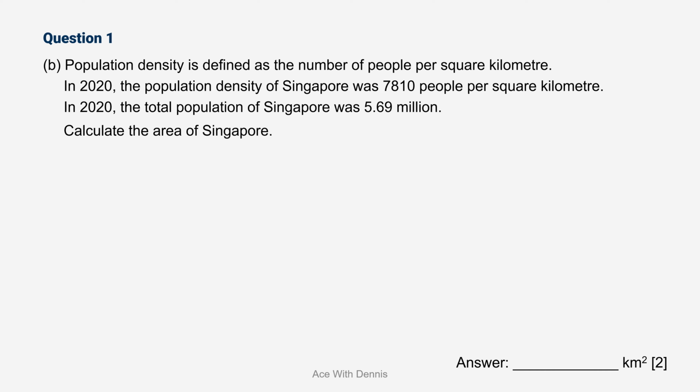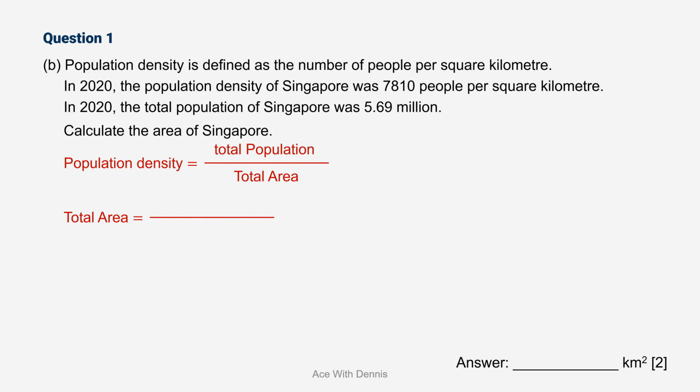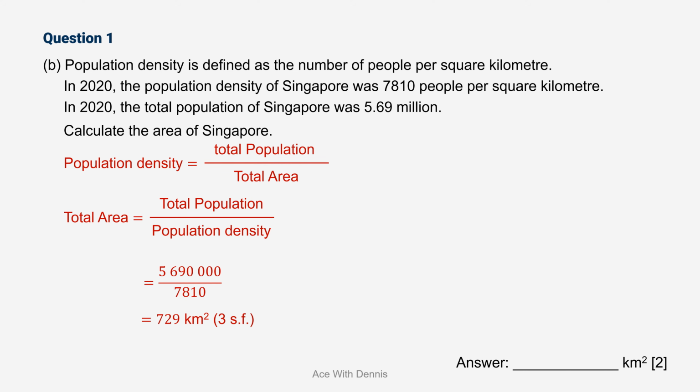So based on the definition given, the population density formula will be the total population divided by the total area. Hence, we rearrange this formula to get the total area will be the total population divided by the population density. Then we can substitute the value inside here, 5,690,000 divided by 7,810, and we'll get 729 kilometers square rounded off to 3 significant figures.